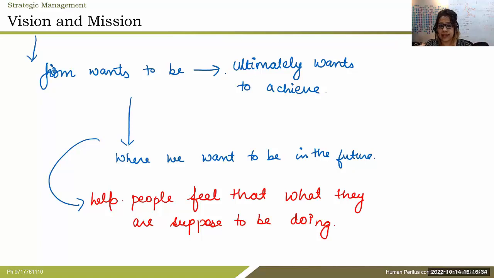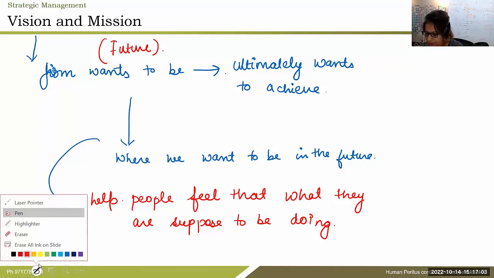This is the vision I see, that I want to become a famous teacher. Now, this vision will be the foundation of my mission. So understand, mission will lead to a vision. When I talk about vision, vision talks about the future, where I want to be.